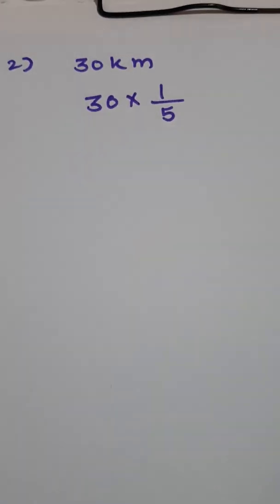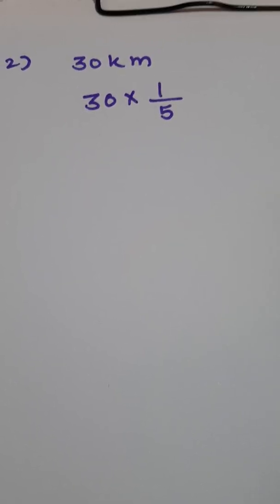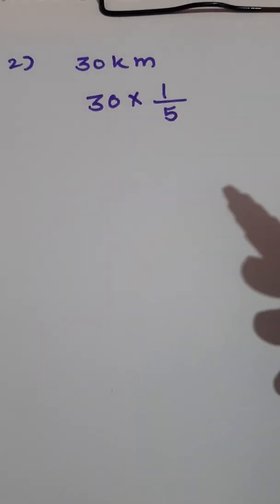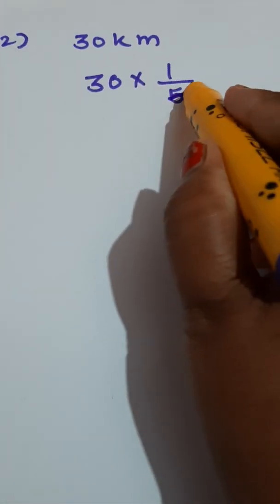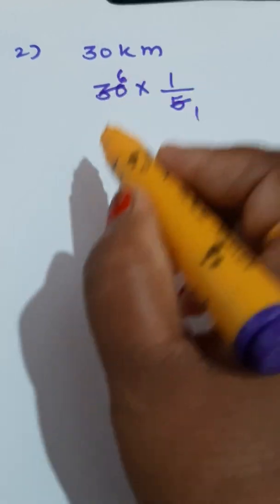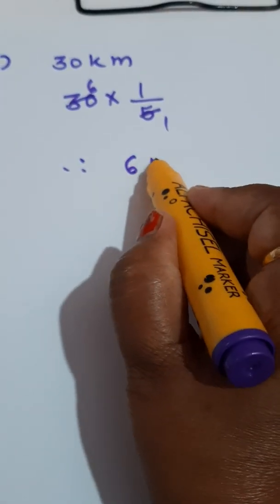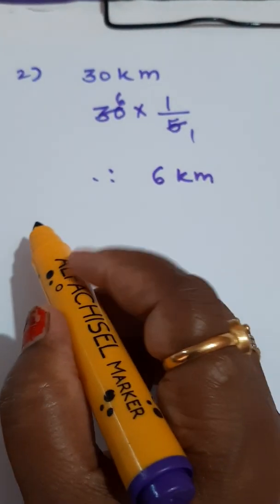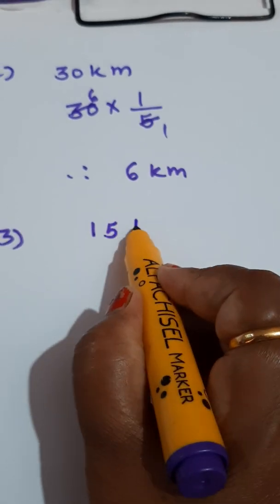In the above examples, we wanted to find out 1/3, so there we multiplied by 1/3. Here we want 1/5 of the following. So 5 ones are 5, 5 sixes are 30. So what is 1/5 of 30 kilometers? 6 kilometers.